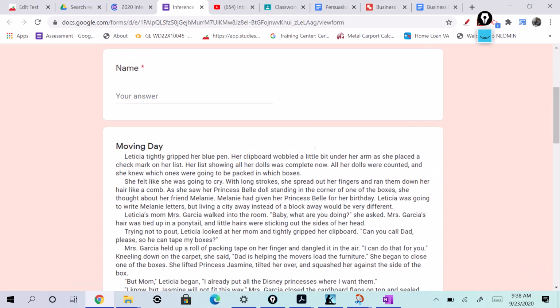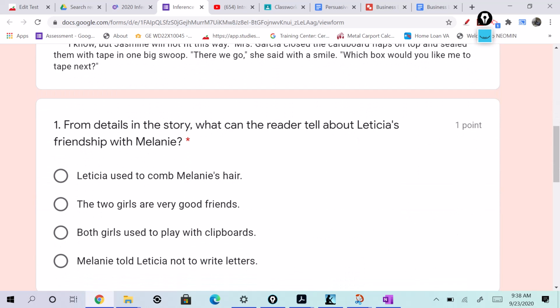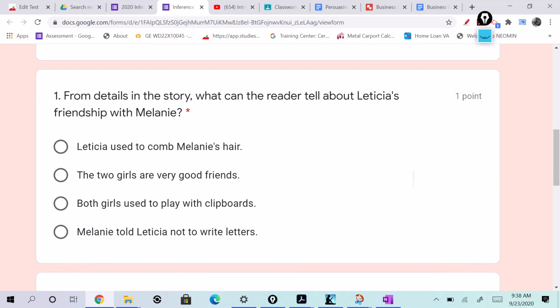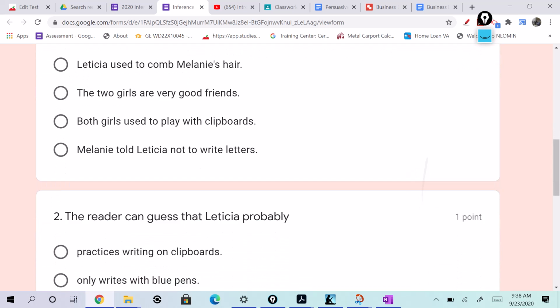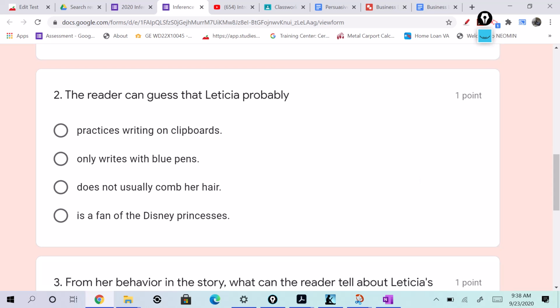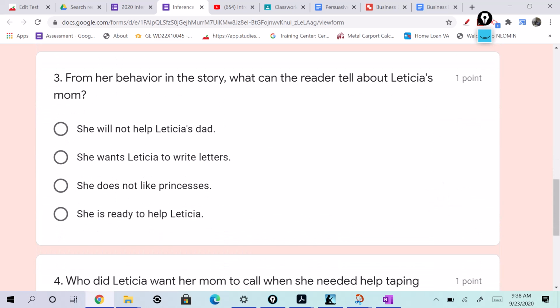Now what do good readers do? They read questions first. Let me do that. From details in the story, what can the reader tell about Letitia's friendship with Melanie? So we don't know. We want to know how Letitia and Melanie, what is their friendship like? The reader can guess that Letitia probably what? What about Letitia are we guessing about? We're not really guessing. We're making an inference there, right? That's her best friend? From her behavior in the story, what can the reader tell about Letitia's mom?